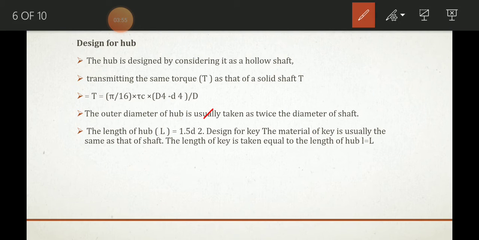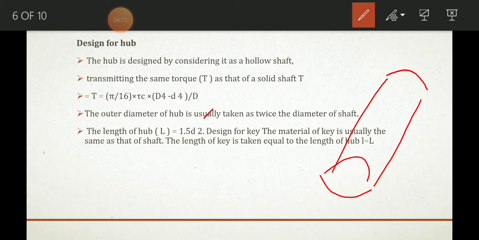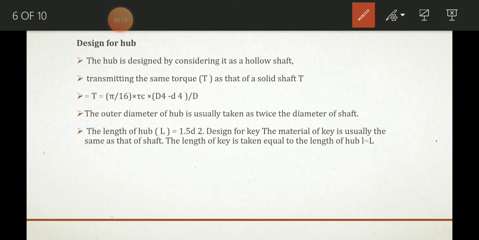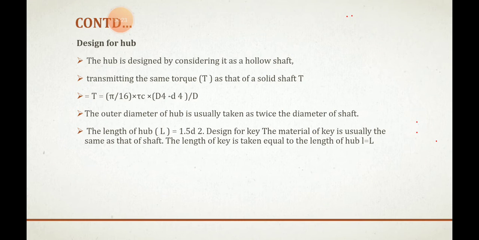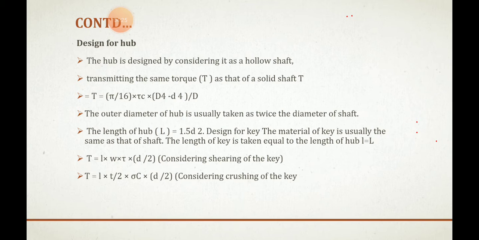Now the design of the key. The key is usually the same material as that of the shaft. The length of the key is taken equal to the length of the hub, because whatever key you are using will fit into the shaft. If this is the keyway, this is the length of the key. We'll move to the next. This is for the key.